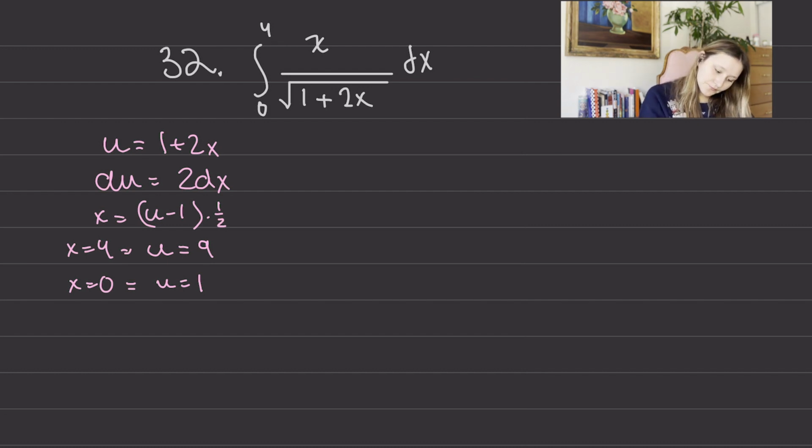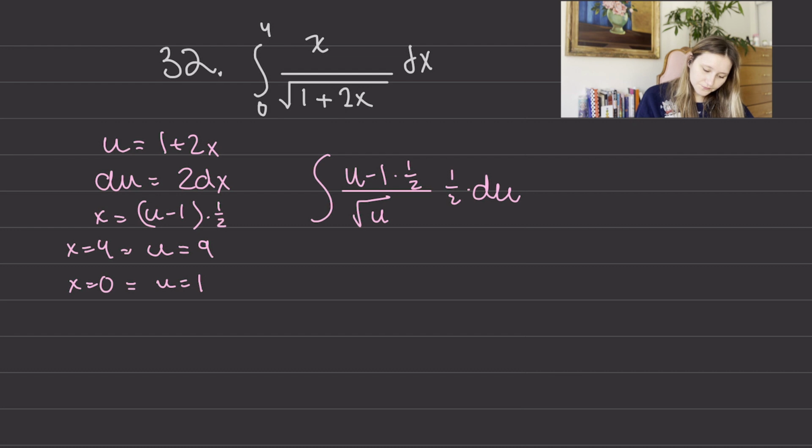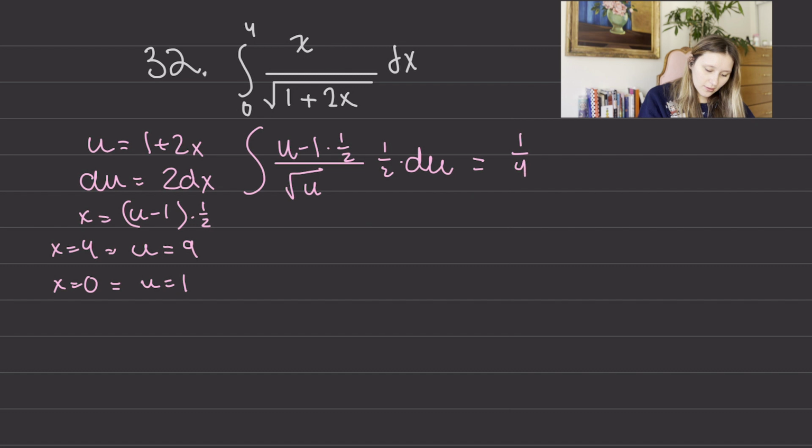Let's see. dx is going to be 1/2 du, and then x is going to be u minus 1 times 1/2. 1/4 in front of all of these. Remember, this is going to be 9 and 0.